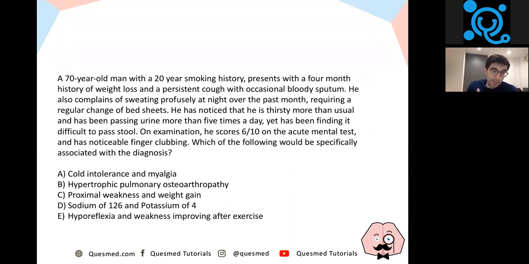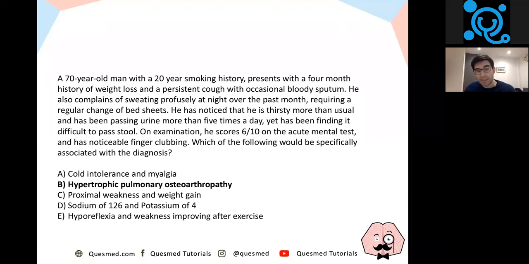And B is correctly associated with squamous cell carcinoma. C, proximal weakness and weight gain, again more small cell, when you're secreting steroids. D is a sodium of 126, which is more in keeping with SIADH, again small cell. And then hyperreflexia and weakness improving after exercise is Lambert-Eaton syndrome, which is again associated with small cell. So actually the answer therefore is B.